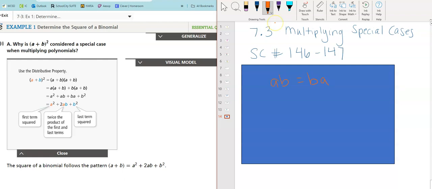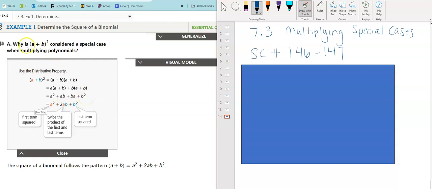They're just rearranged. It's the same reason why 3 times 4 is the same as 4 times 3. It's the commutative property of multiplication. So they rearranged the a and the b so that they got 2 ab's, and then you had b squared.